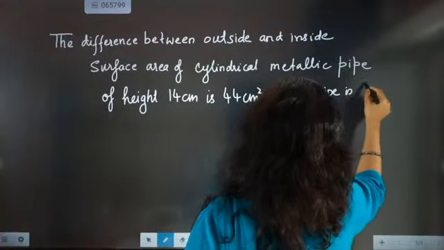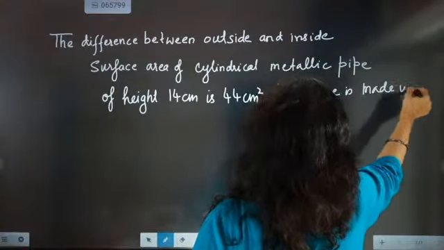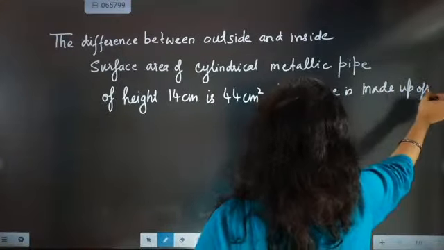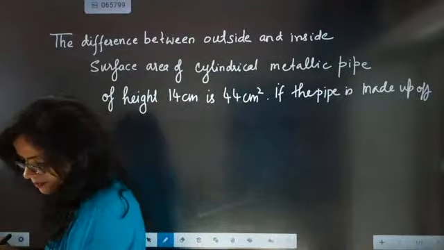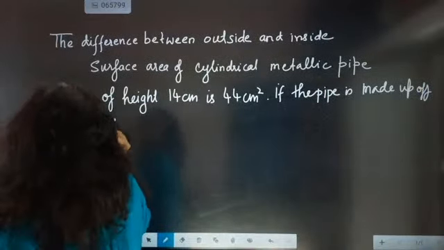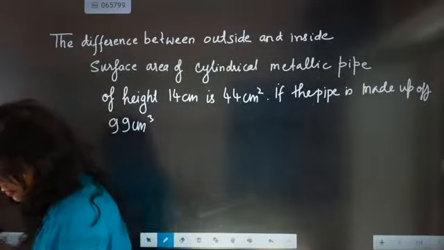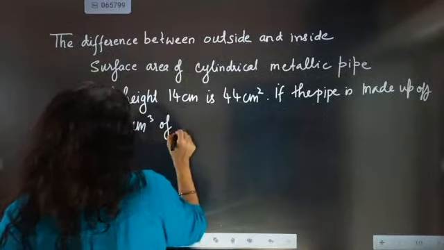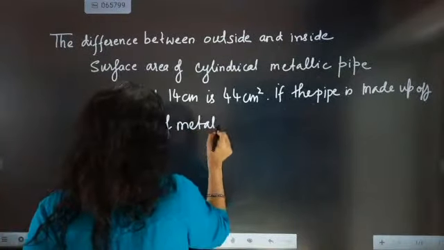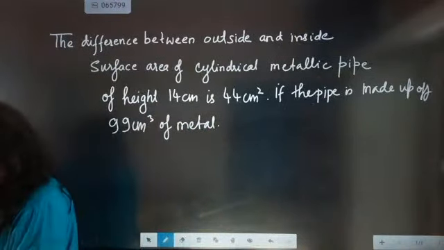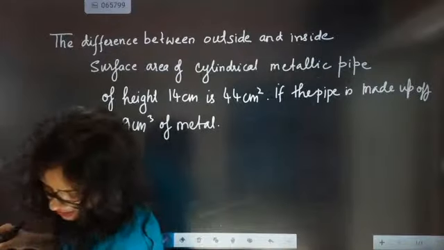If the pipe is made up of 99 cubic centimeter of metal, find the outer and inner radii of the pipe.